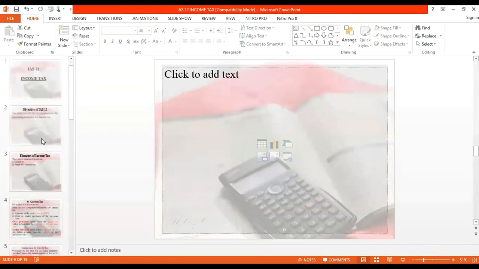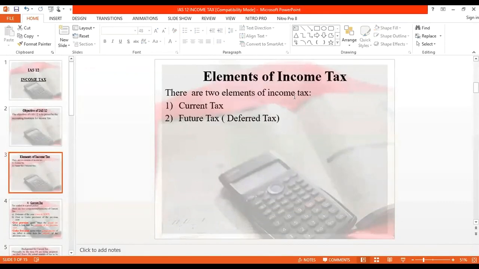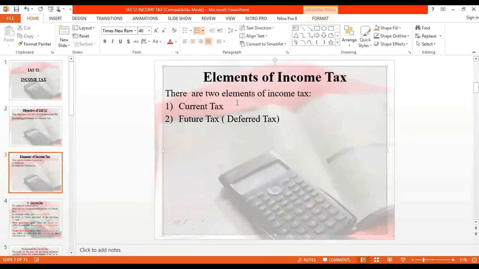Now let's go back here. We said that elements of income tax are 2. There is current tax, which you can conclude has the estimate of the year plus over or under provision.